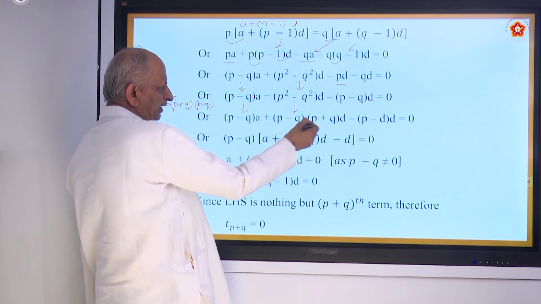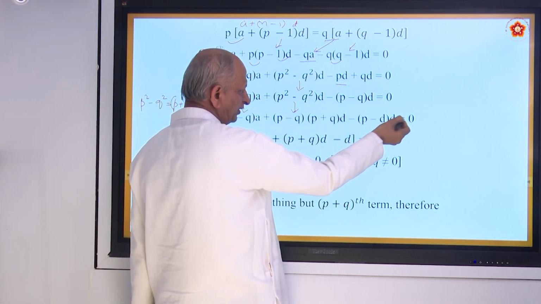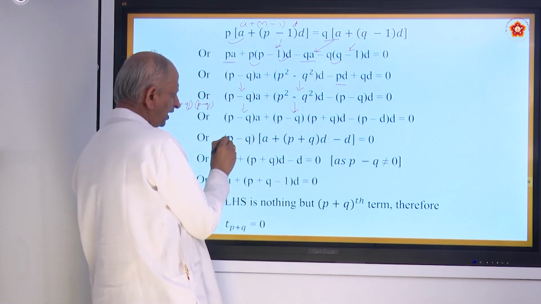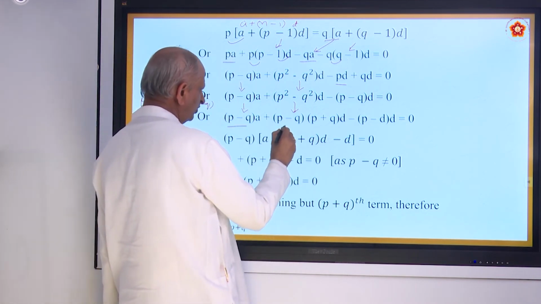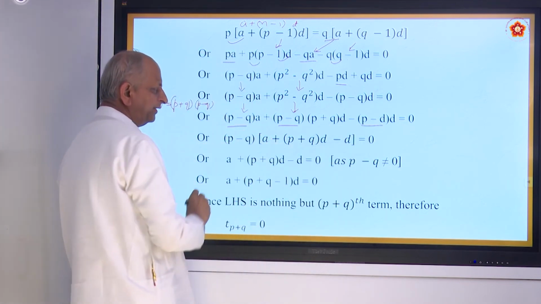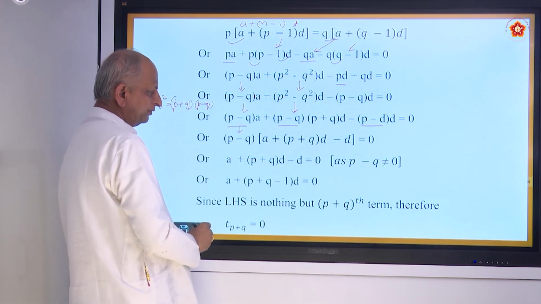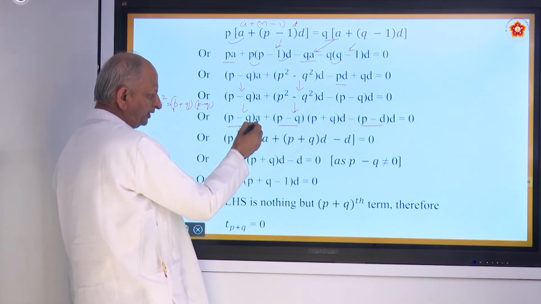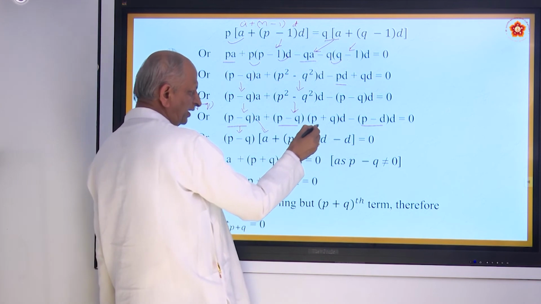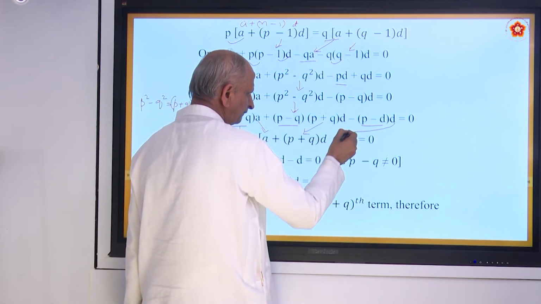So this is what you get: P plus Q into P minus Q into D, P minus Q into D is equal to 0. And now P minus Q is common, that is why you split it up. In all the three, P minus Q common is taken outside. Instead here you get A, here you get P plus Q, here you get D.